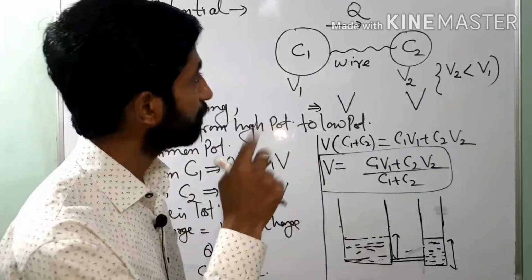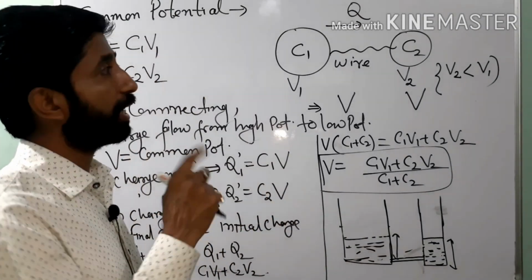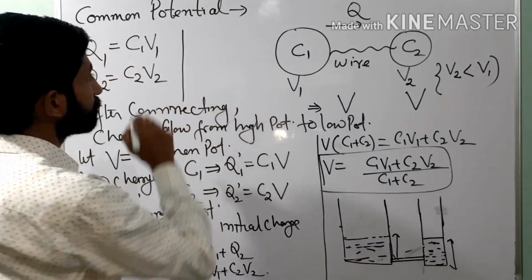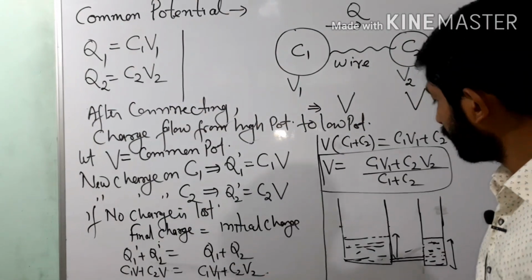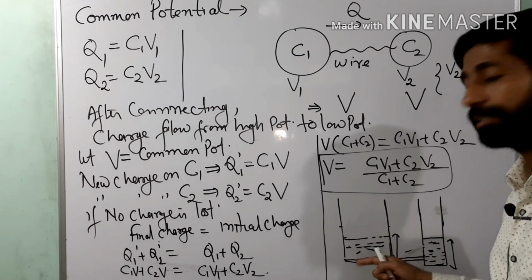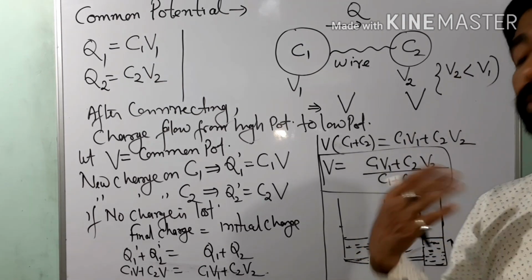So height can be compared with potential. In the previous lecture we discussed that height can be compared with potential, and the quantity, that is liquid, can be compared with charge.